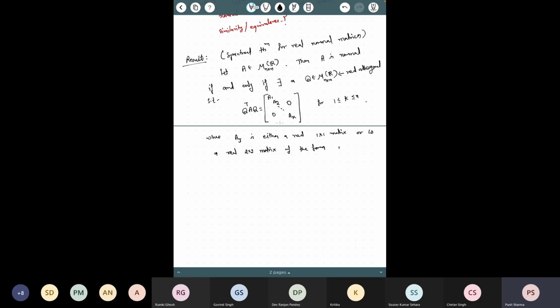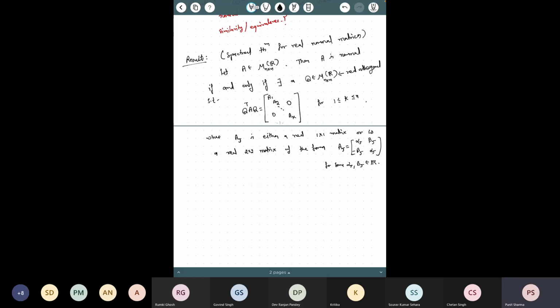So if it is 2 cross 2, then the A_j would be of the form alpha_j beta_j minus beta_j alpha_j for some alpha_j, beta_j in R for each j.